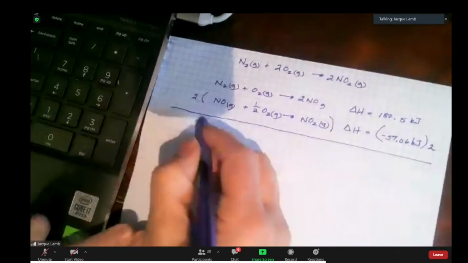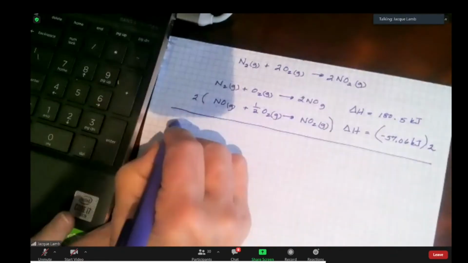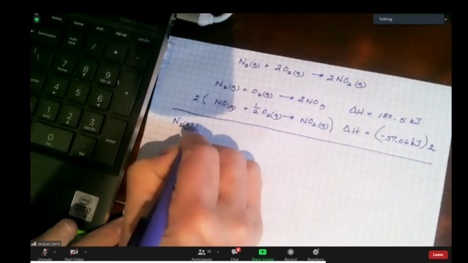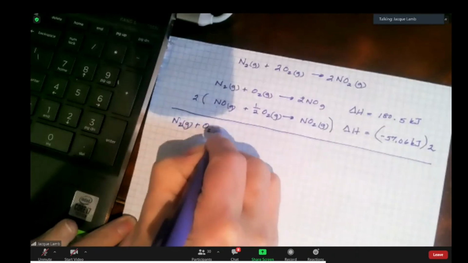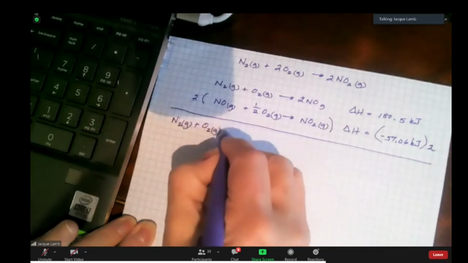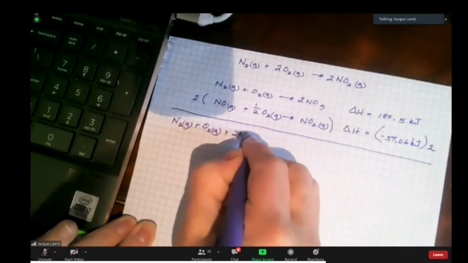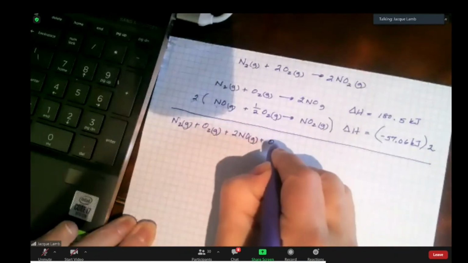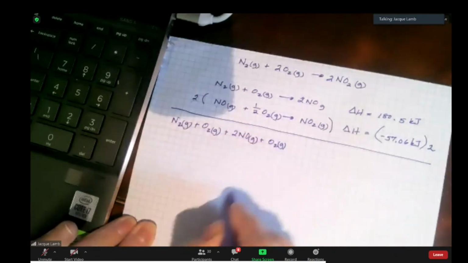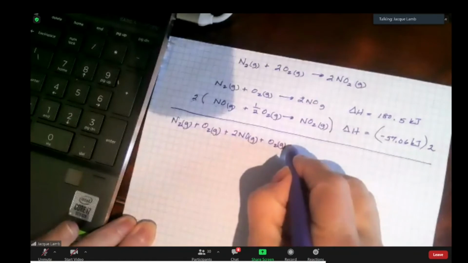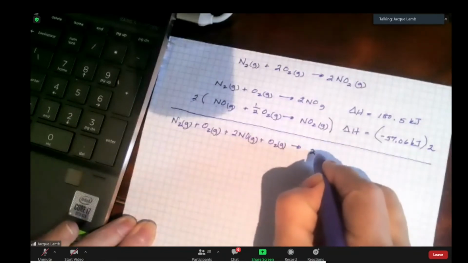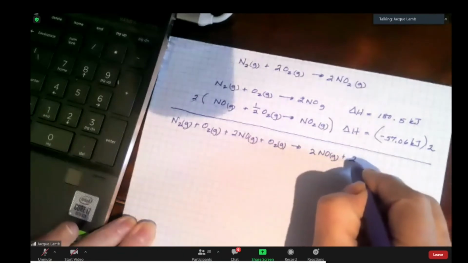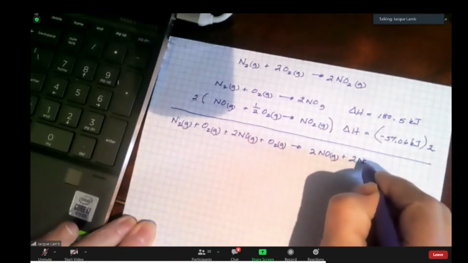So we end up with N2 plus O2 gas from our first reaction plus 2NO gas plus O2 gas from our second reaction, going to 2NO gas plus 2NO2 gas.